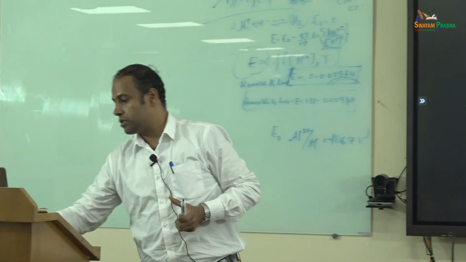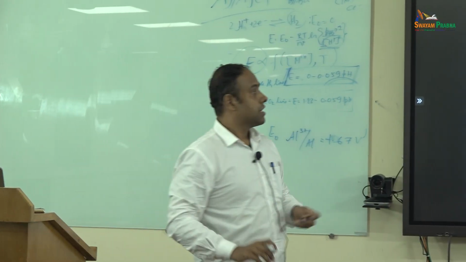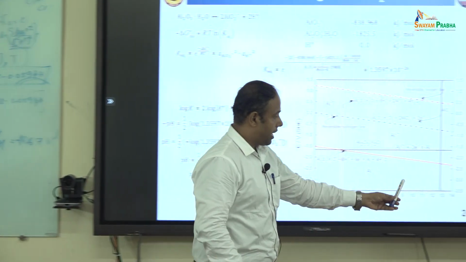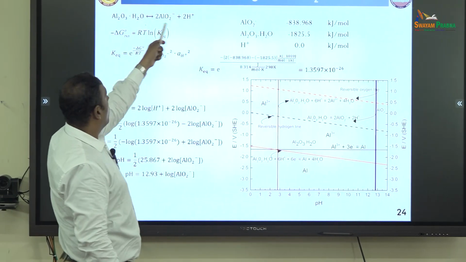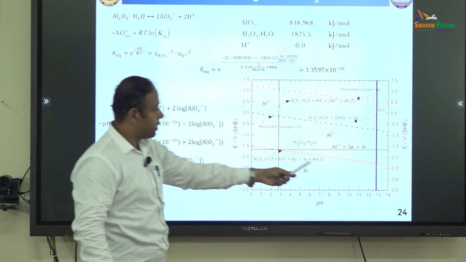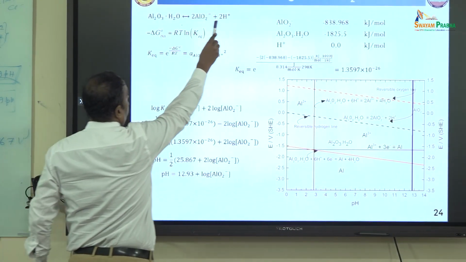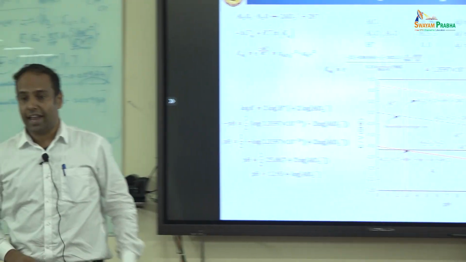There is also one more possibility, which is the metal oxide as an anionic species. It dissolves as an anionic species, and on the right what you see here is again only H plus. So, it is a vertical line here which gives an equilibrium between metal oxide and the metal anionic species.